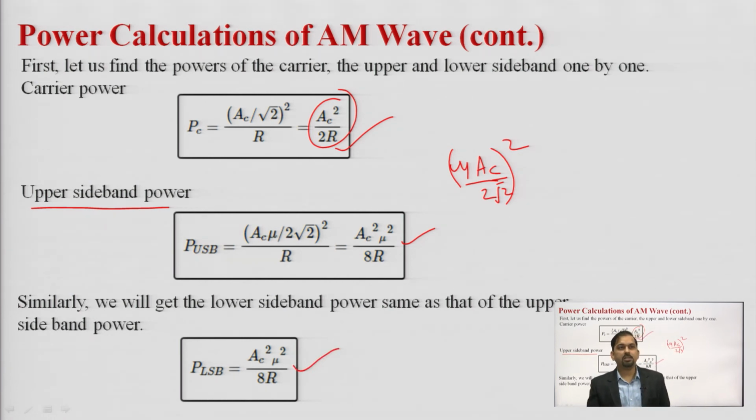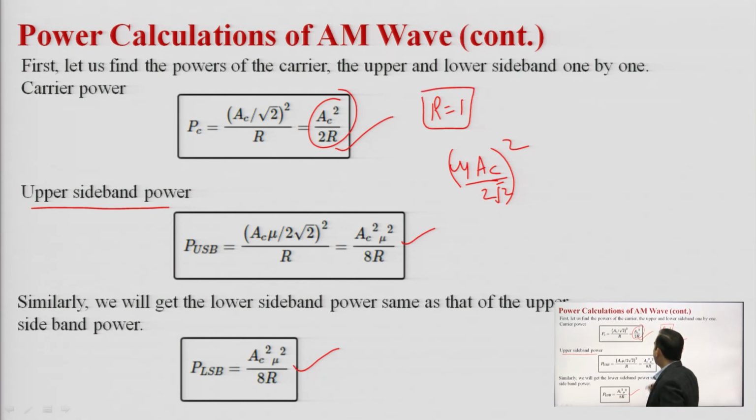So, if we club all these 3 terms, we can clearly see that the carrier power, if we normalize this, then resistance, let us say, equals 1. So, it is Ac square by 2, this one was Ac square mu square by 8, and this is also Ac square mu square by 8.